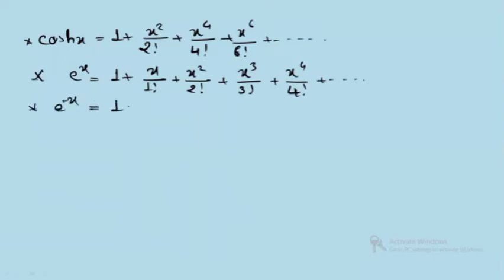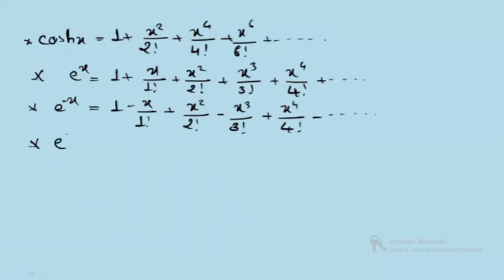So here you will have 1 minus x by factorial 1. You will have alternate plus and minus. So it's plus x square by factorial 2, again minus x cube by factorial 3, again plus x to the power 4 by factorial 4 minus and so on.